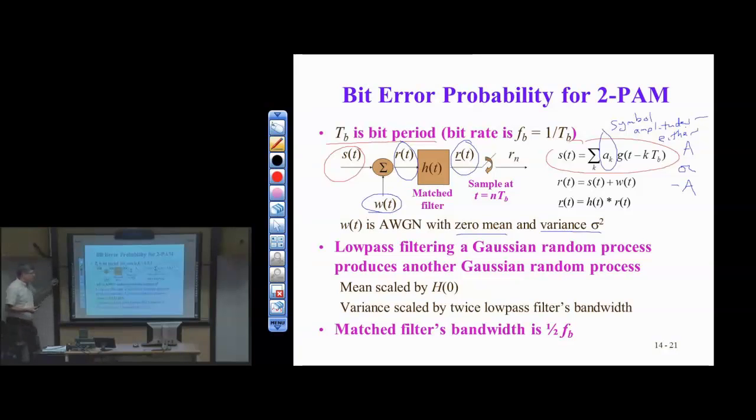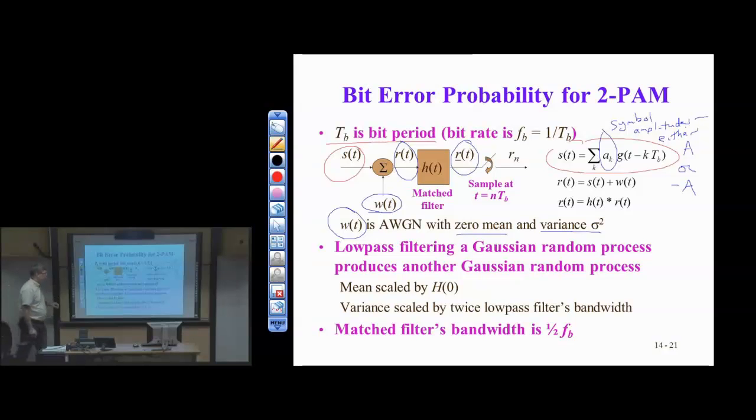One of the reasons to work with Gaussian random processes is they really work nicely with filters. So if we apply a low-pass filter to a Gaussian random process, again, W(t) is an example of a Gaussian random process. For us, a random process, simply defined, means a random signal whose amplitude follows a specific distribution.